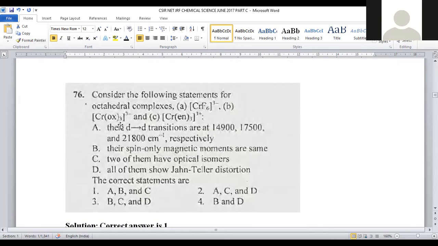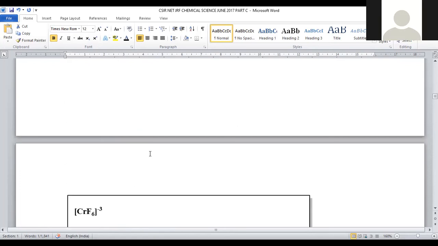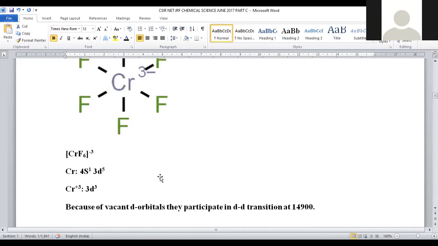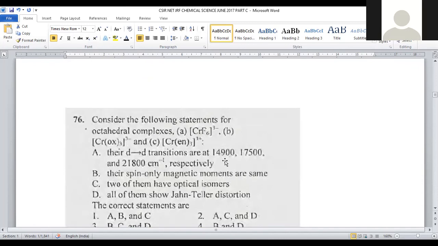When we are taking the tris oxalato complex, a chelating ligand will be there. Let us observe that complex also. So this is called the tris oxalato complex. In this complex, chromium is bonded in this cyclic form. Whenever chelating ligands are present, that imparts high stability to the complex. In case of that high stability, the excited electrons require higher energy.